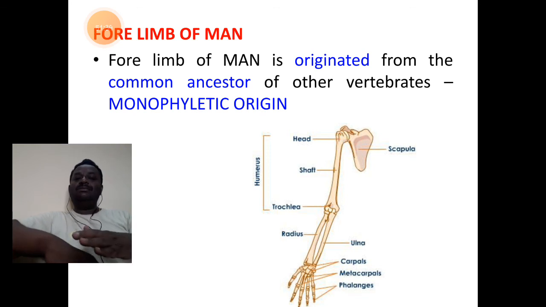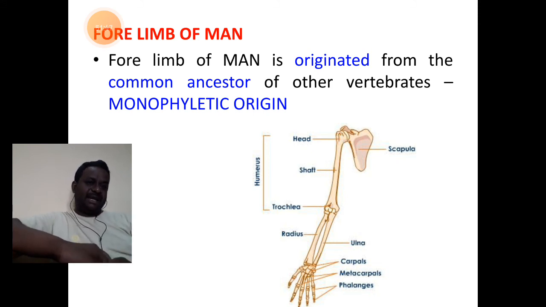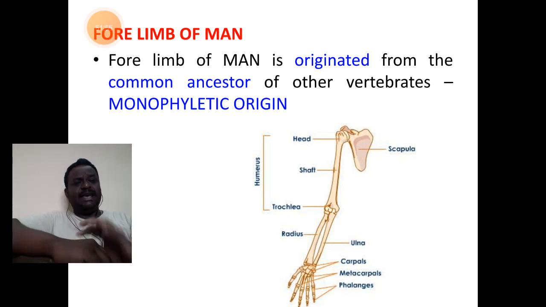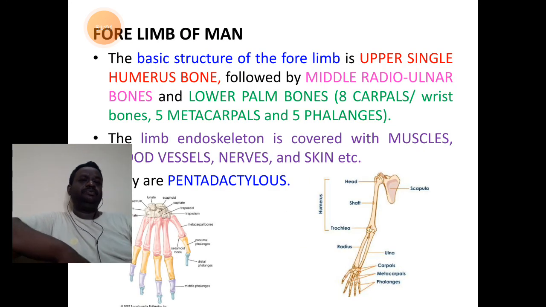Coming on to the last example of forelimb is man, the mammalian representation. In man, the arrangement of bones of forelimb remains same, indicating they originated from a common ancestor of monophyletic origin.